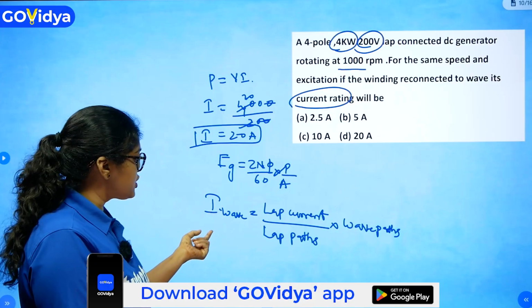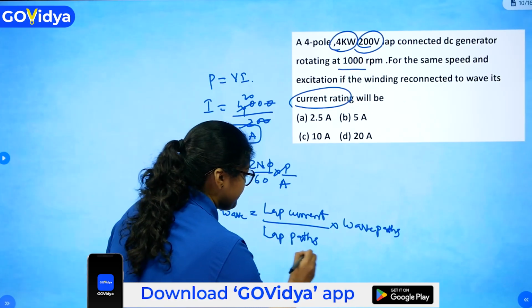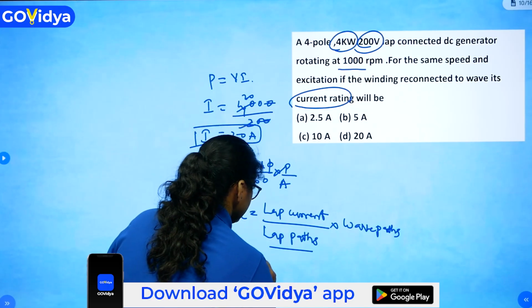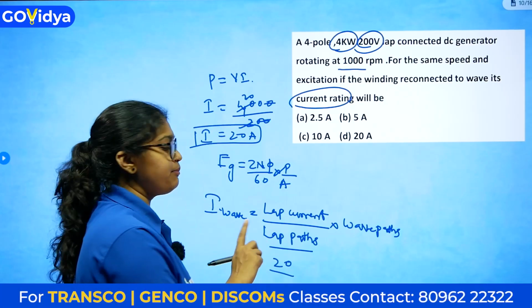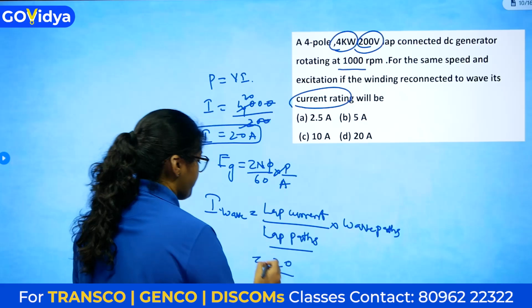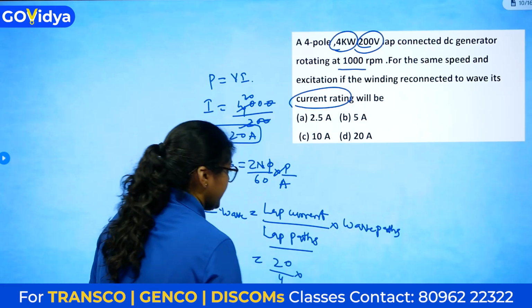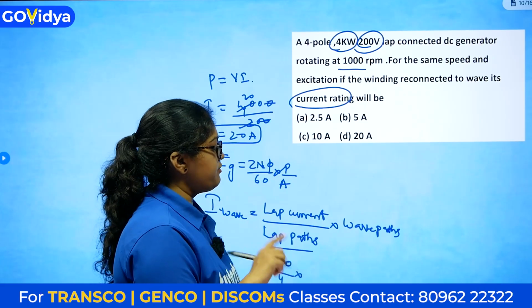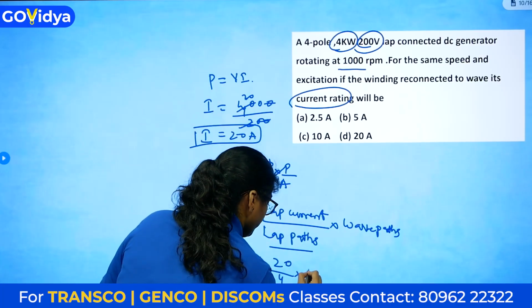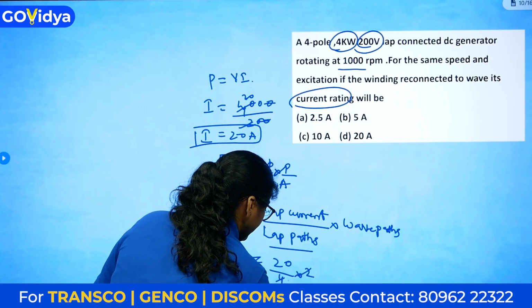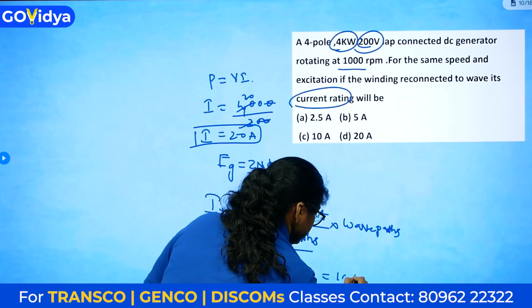What is the lap current? 20. Lap paths: in a lap winding the number of parallel paths equals the number of poles, that is 4, into wave paths. In a wave winding, the number of parallel paths is 2. So we will get around 10 amperes.